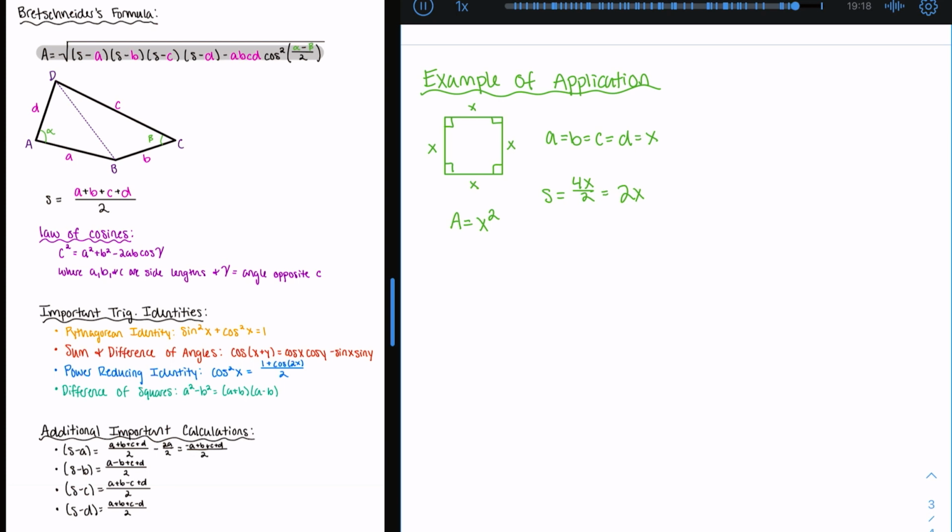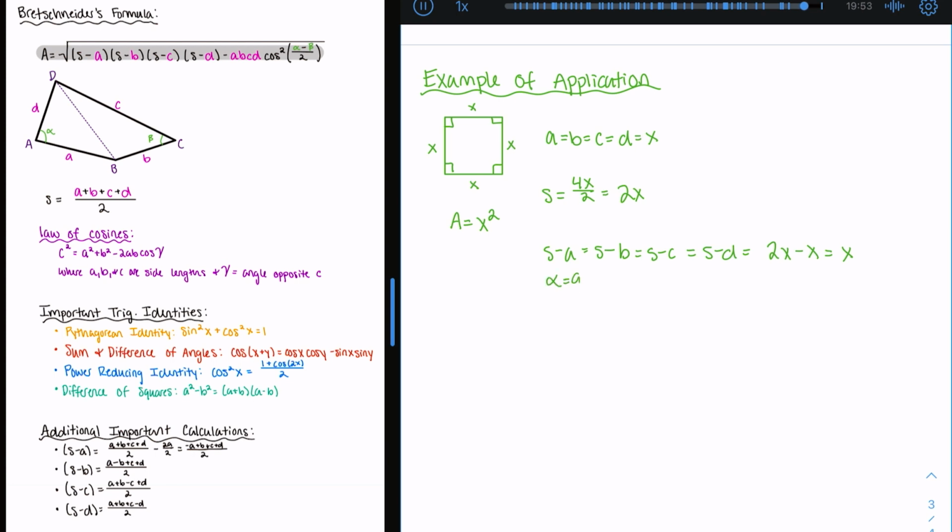Then we can figure out all of our S minus A, S minus B, and so on. So they will all also be the same. So we have S minus A equals S minus B equals S minus C equals S minus D, which will all be 2x minus x, or just x. For the angles, they're all the same.